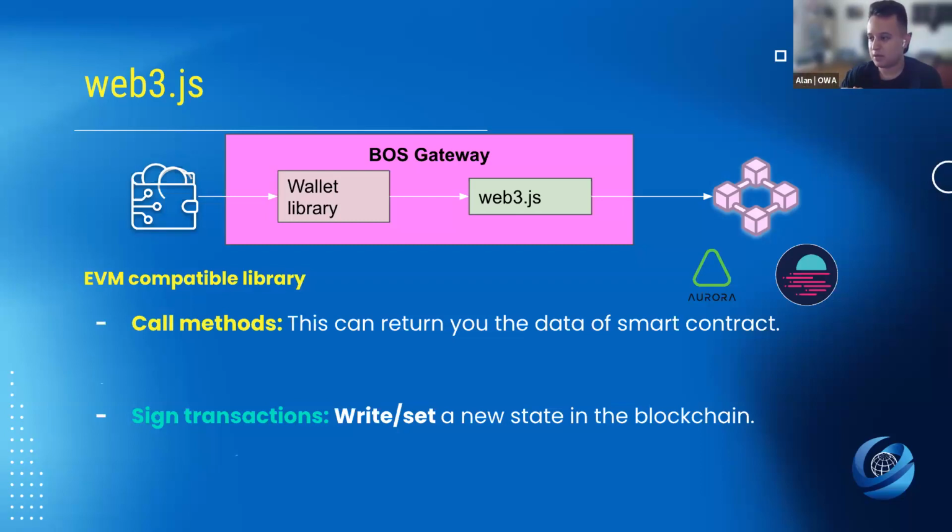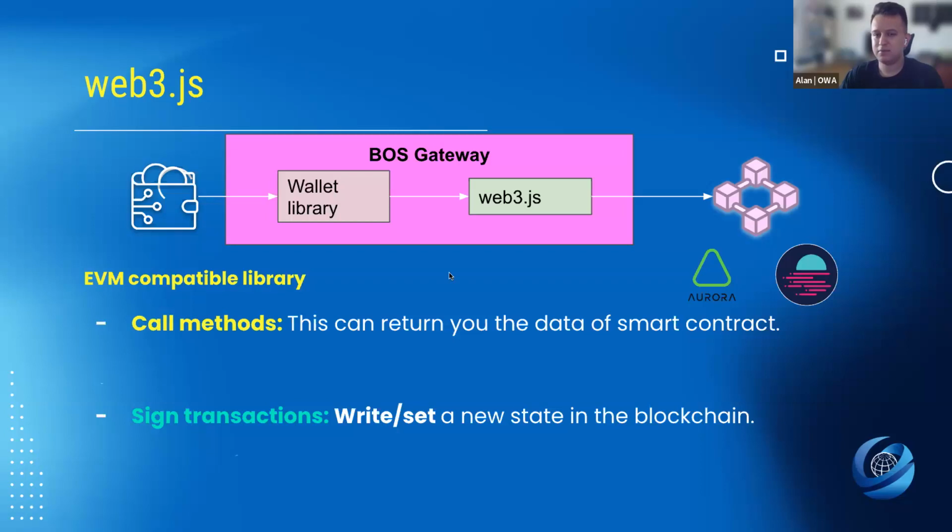Web3.js allows us to interact with any smart contract that is running on an EVM. Starting with Ethereum, obviously the most important, but we can also go with Aurora, with Moonbeam of Polkadot, with Fantom Chain, and it's basically the same.